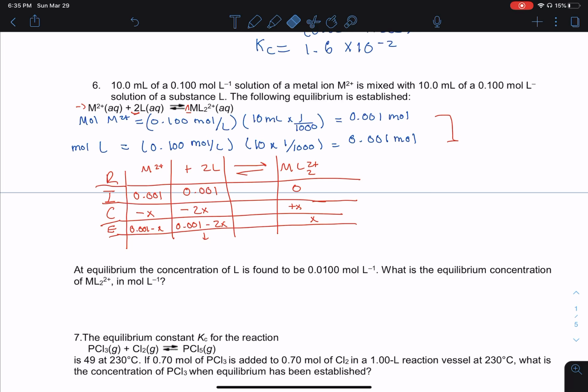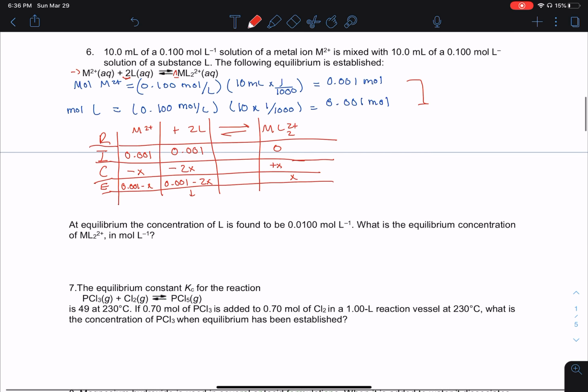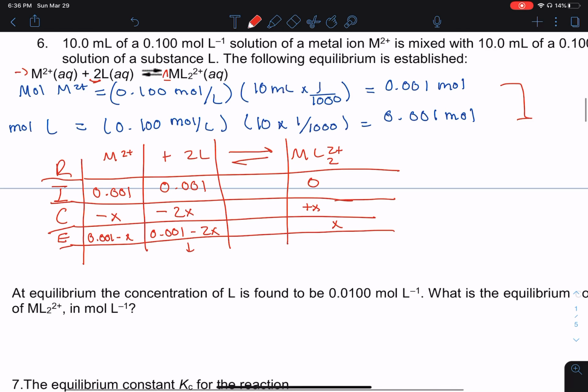So to begin with the ice table, I usually call it a RICE table because we always have to include the reaction, which is written here, and we made sure that it was balanced. And then I is the initial concentrations of the compounds, and in this case, for M2 plus, we figured out right here that both of our reactants have a concentration of 0.001 moles, and we have a 0 initial concentration for ML2 because it is a product.